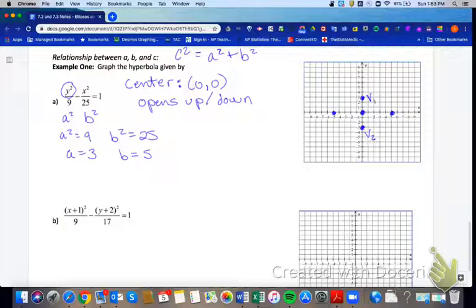Now, it's not straight lines in between those points, but instead it's going to be a rectangle where I have the nice perpendicular lines, just like that. Now, at this point, we need to draw in the diagonals of the rectangle. Make sure you do it dashed, because these are the slanted asymptote lines of the hyperbola.